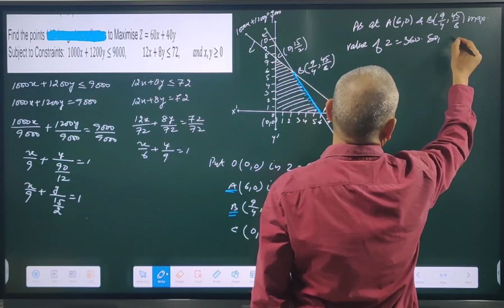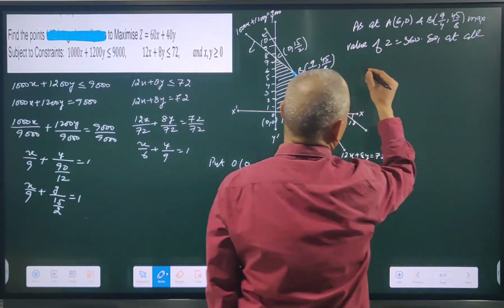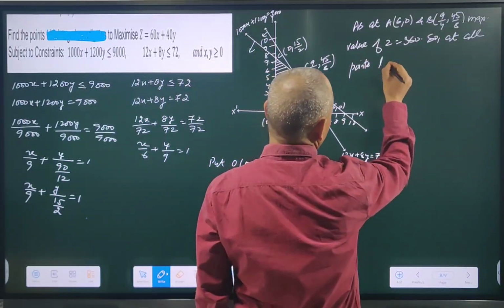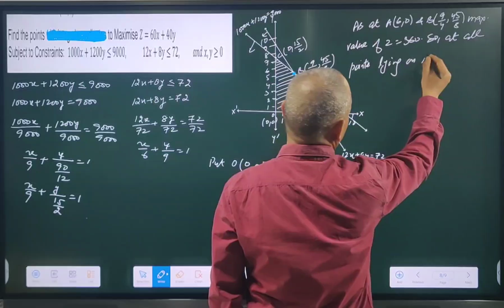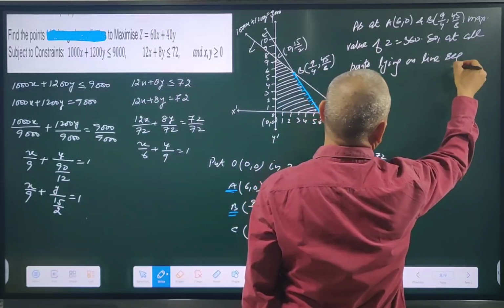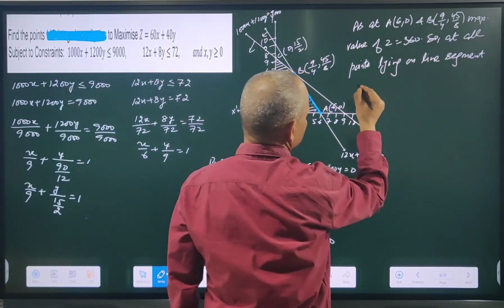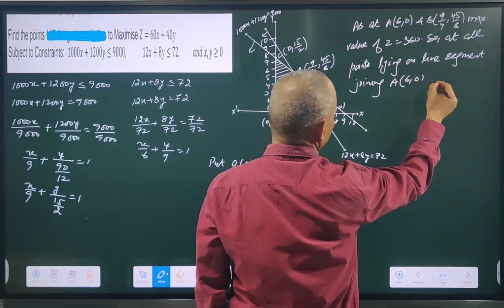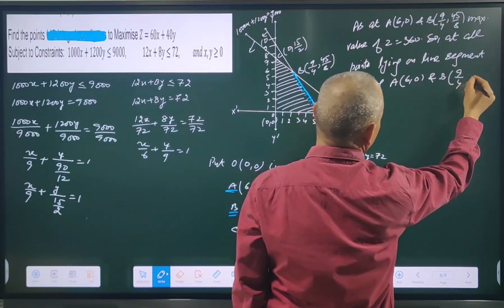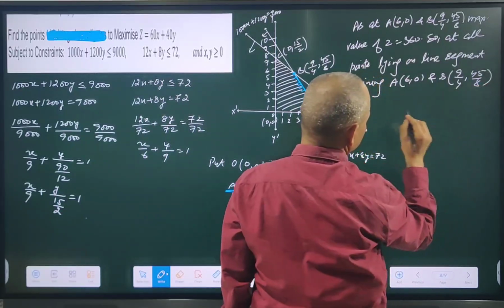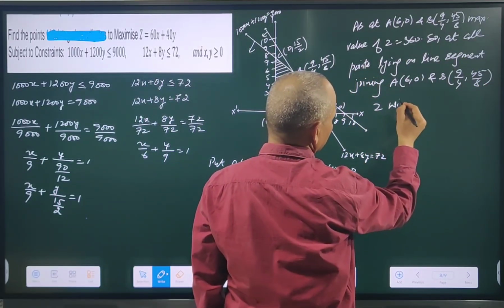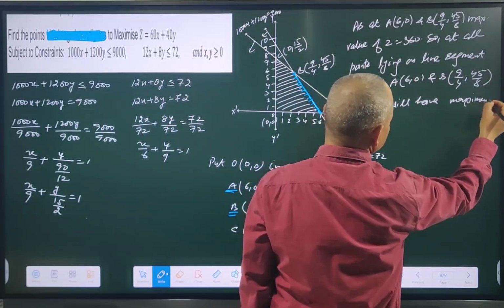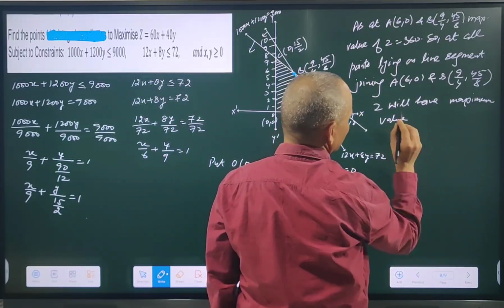So at all points lying on the line segment joining A and B, Z will have maximum value.